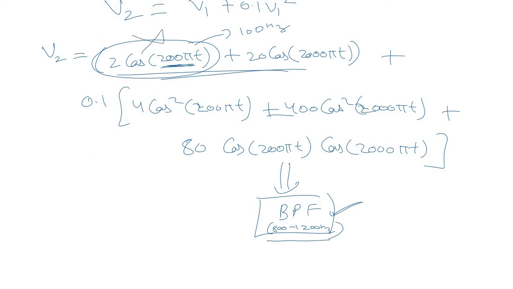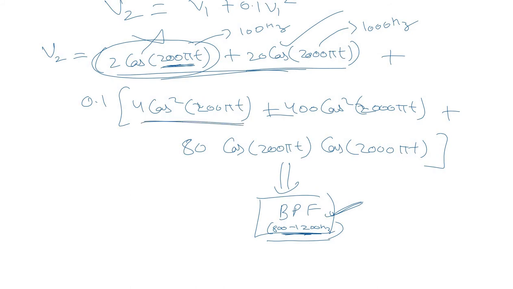So this will be eliminated for sure. Now the second term is 20 cos 2000 pi t. The frequency component in this will be 2000 pi divided by 2 pi, which results in 1000 Hertz, right? And if we look at the passband, 1000 Hertz will pass through this band pass filter, so this term will pass.